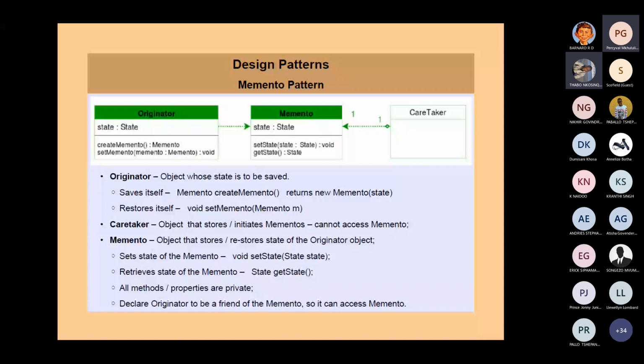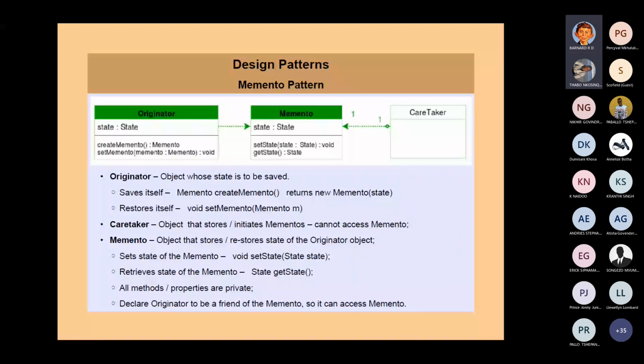Okay, so initially when it sets its state, it's sort of taking a bit of the role of the caretaker at the initial moment. No, the caretaker is the one that initiates the process. The caretaker basically instructs the originator to save its state. The originator then sets up the memento and passes its state to the memento, and then returns the memento to the caretaker. And the caretaker then stores the memento.